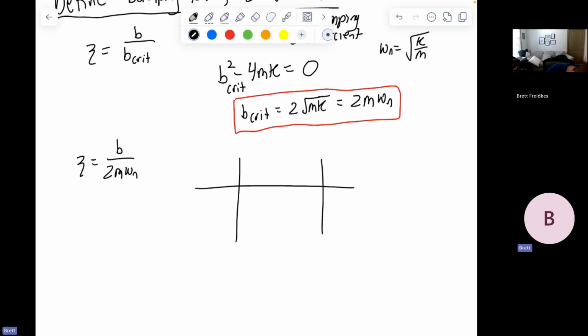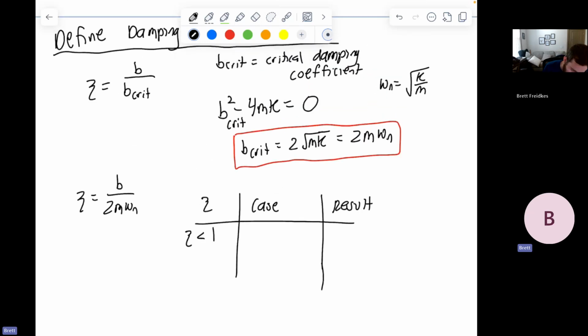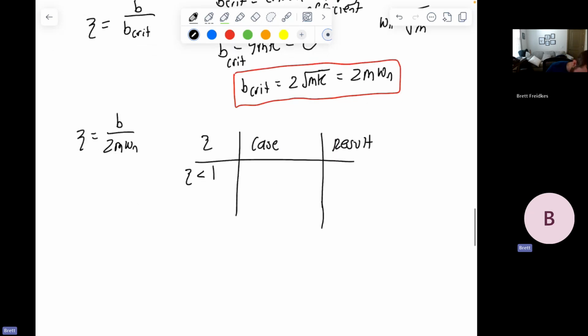We'll write out a table to summarize everything. If zeta is less than 1, that implies that B is less than B crit.